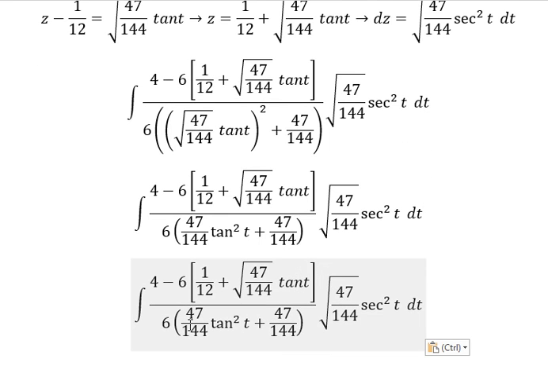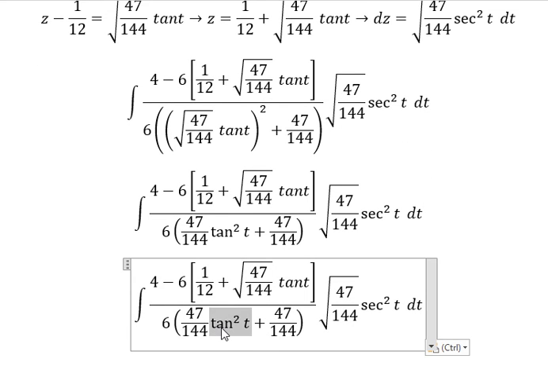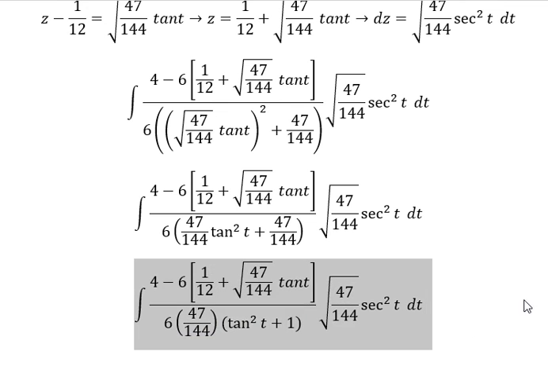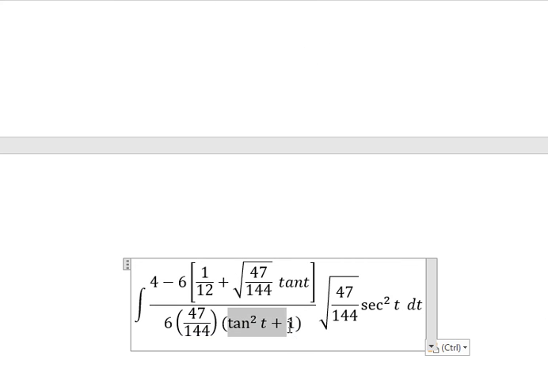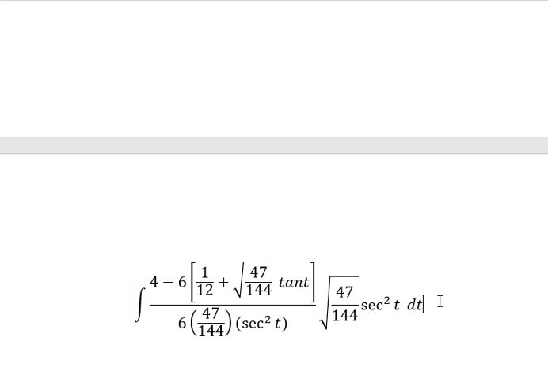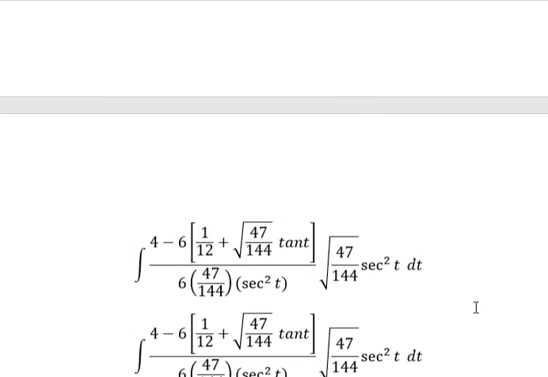So we can do factorization by this one. So this one we change by secant t squared. And now we simplify.